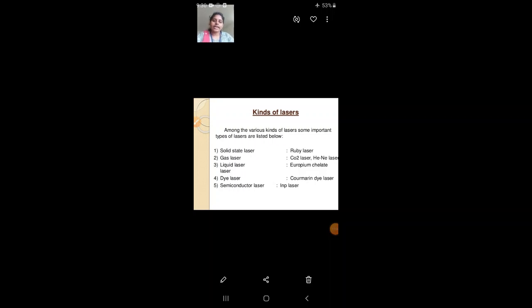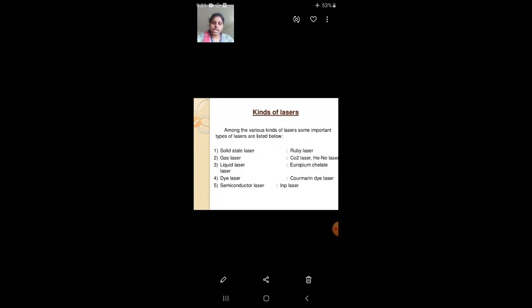Next, kinds of lasers. Among the various kinds of lasers, some important types are listed below. There are 5 types of lasers. First one, solid state laser; the example is the ruby laser. Second, gas laser; examples are the CO2 laser or helium neon laser.